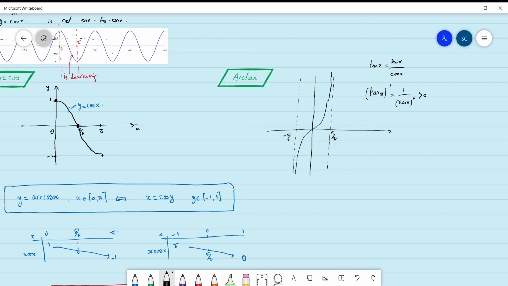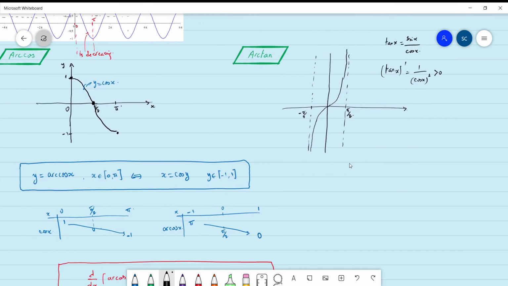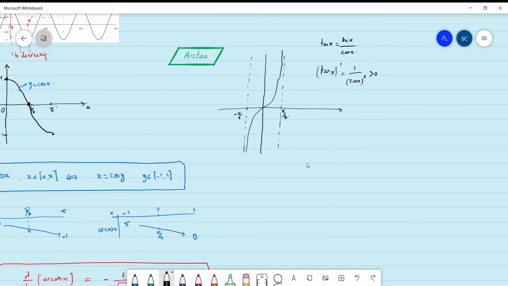So we define the new function, y equals arctangent x.